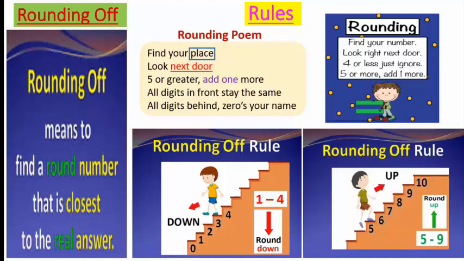Let us come to the next picture which shows the rounding off rule. Here this boy is again climbing the stairs up. Means while climbing the stairs up, if he climbs the stair that is equal to 5 or greater than 5, we round up the number. Clear, children? This thing we will understand more properly with the help of a question.